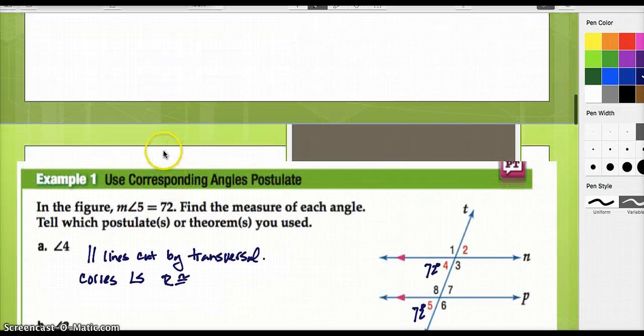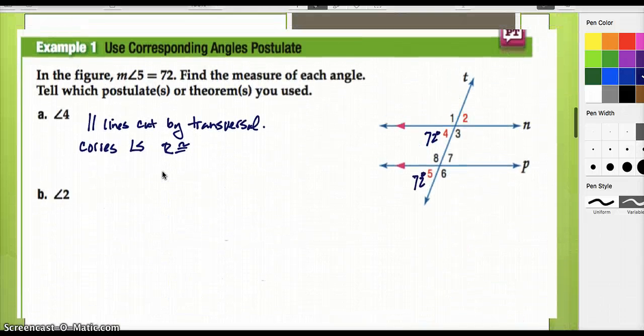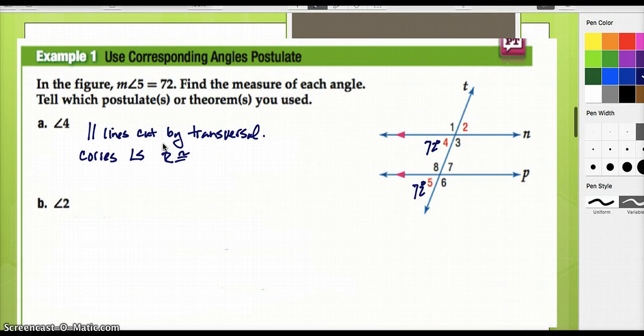So instead of calling this postulate 3.1, because I'm not going to remember that later on, I literally write it out, but in an abbreviated style. So I'd write parallel lines cut by a transversal, with the parallel symbol, which looks like an 11 but two long lines, and I'll put a little arrow that implies the corresponding angles are congruent, and that's where we got that from.